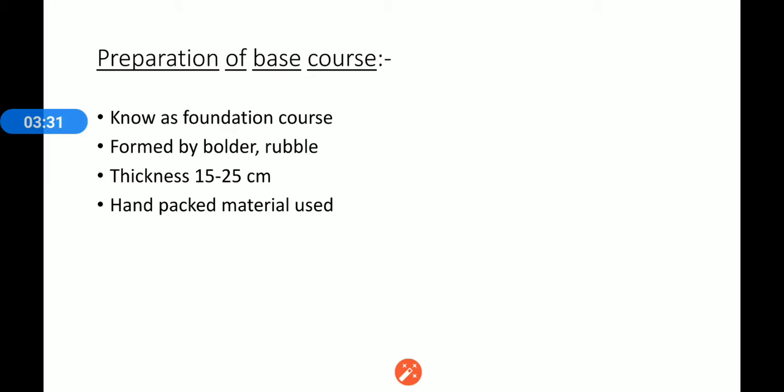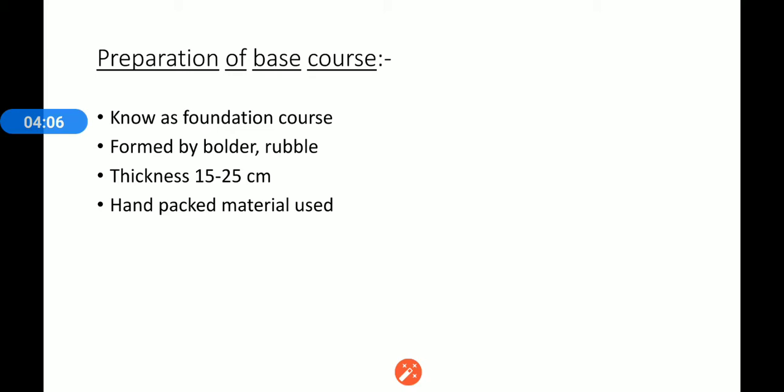This base course is also known as a foundation course or soling. It is formed by boulders, rubble or overburnt brick. The thickness of the layer may range from 15 cm up to 25 cm and its width is 60 cm more than the layer above, with 30 cm projection on either side.